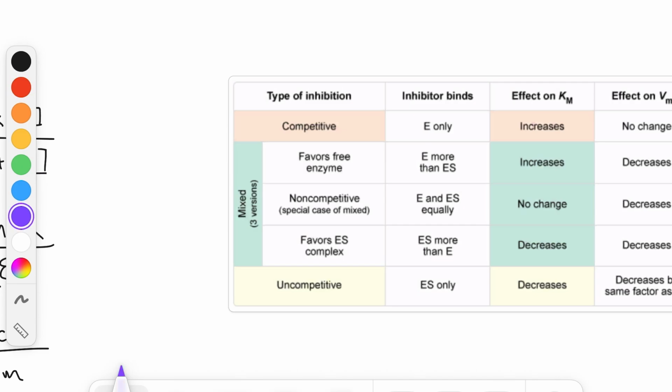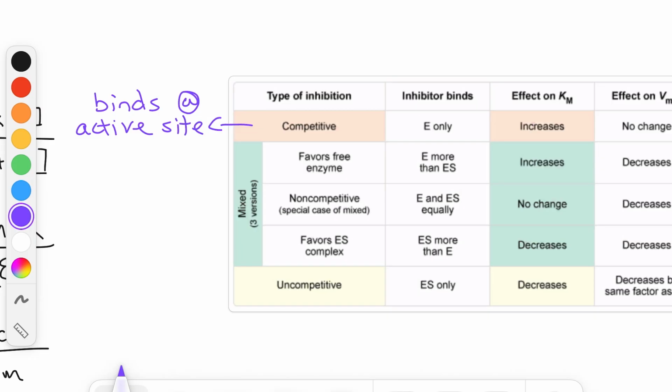Okay, so the first thing that we need to know is about binding preferences, binding sites. So this is a really easy one. Competitive, let me just run an arrow actually, is the only one that binds at the active site.